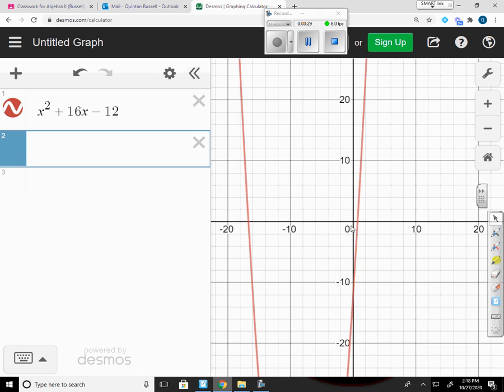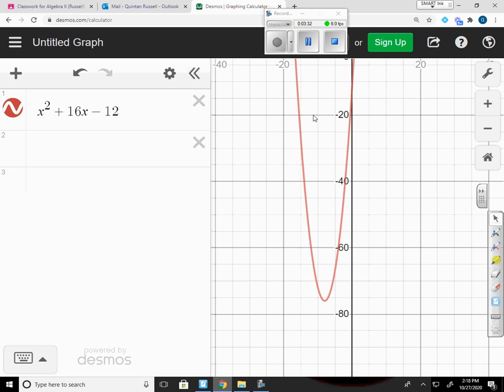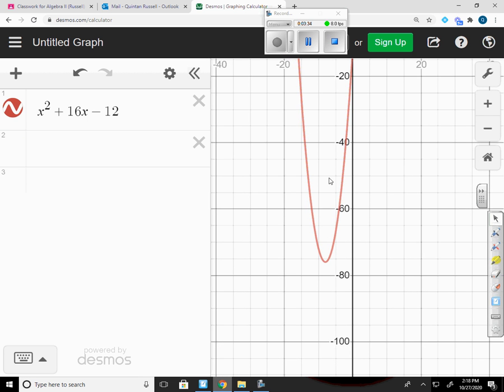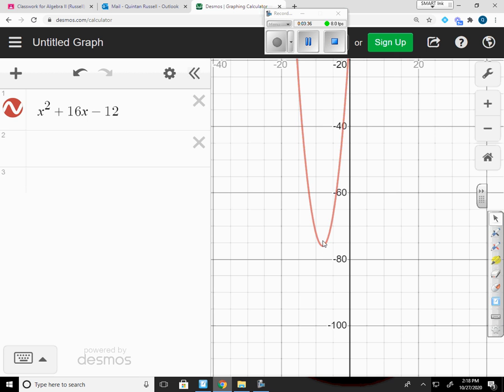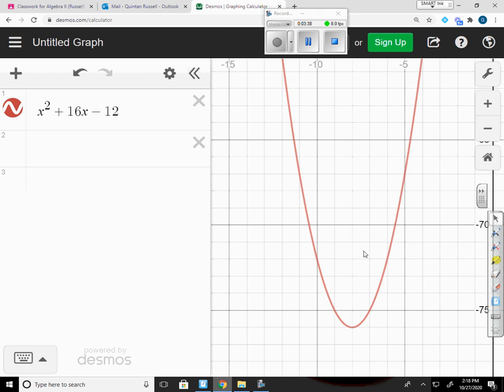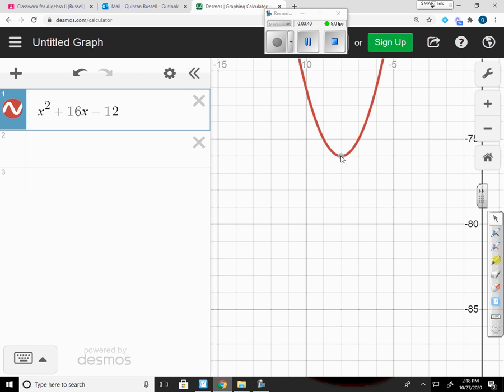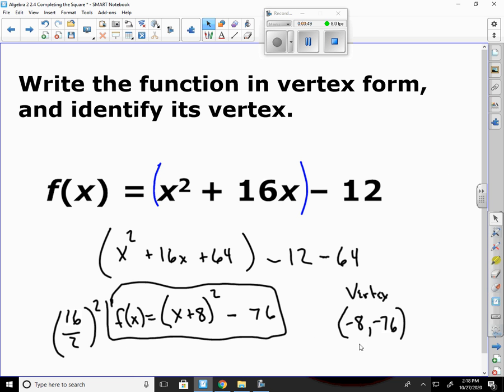Now when I look at this, I can't see much of anything, but I can just grab it and move it down the page. Let's zoom in down here. There's my vertex, and it's at the point negative 8, negative 76, which is just like we predicted. That's really it to completing the square to find vertex form.